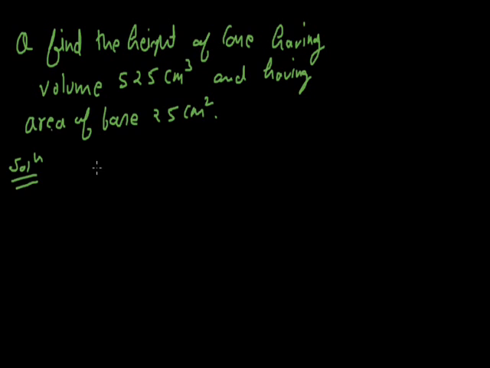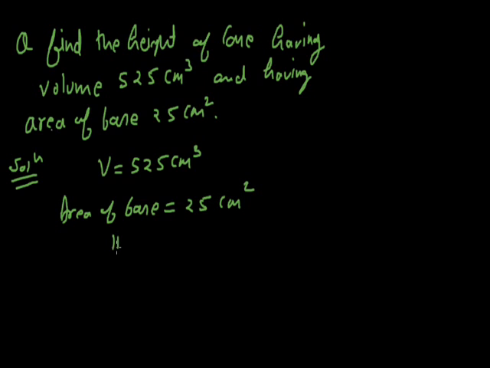So here it is given that the volume is 525 centimeter cubic and the area of base is given to us. The area of base is 25 centimeter square. Area of base means the value of pi r square. Area of base, that is pi r square, is given to us, that is 25 centimeter square. And we have to find the height.